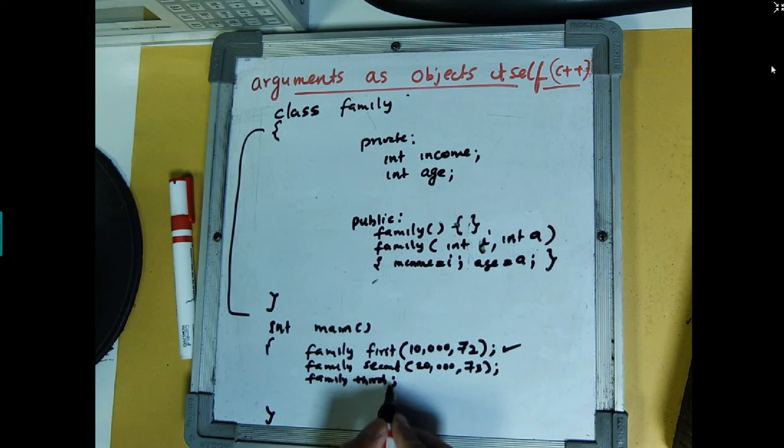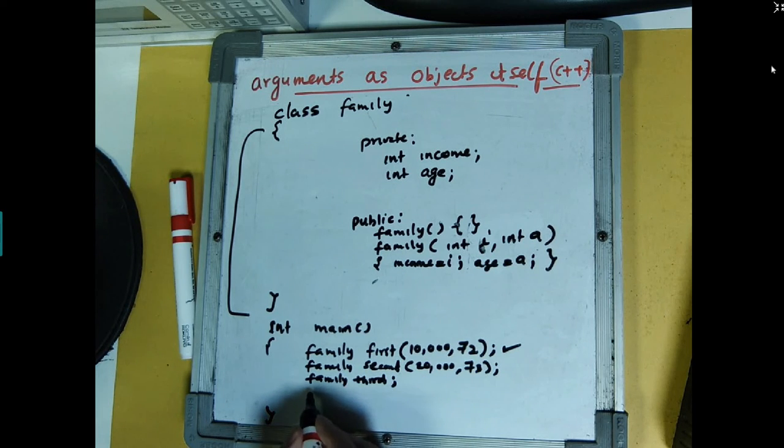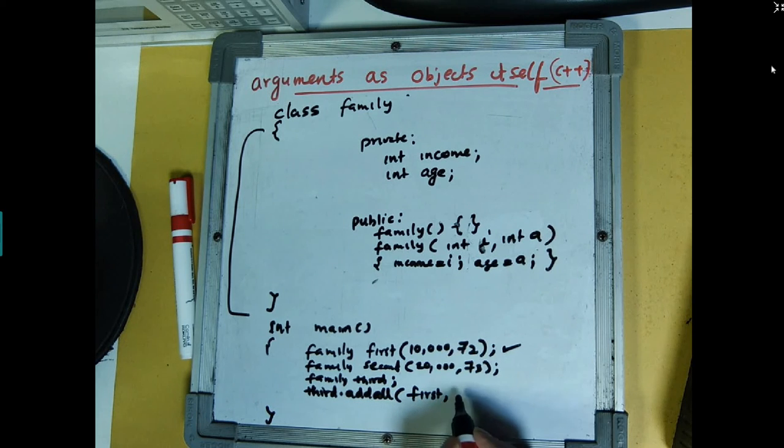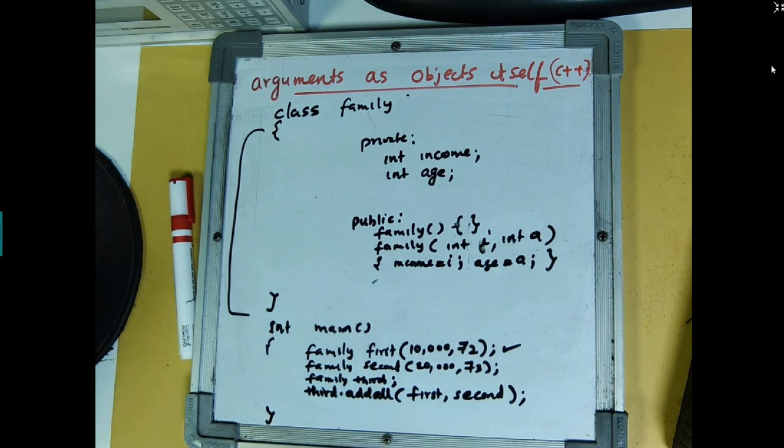Now I want to say third dot add all. I want to add the first family's details and second family's details and store it in the third family.